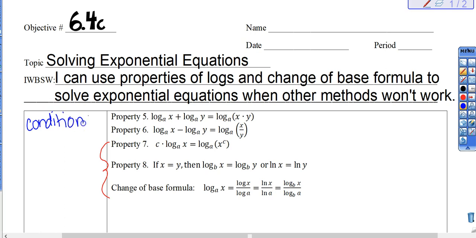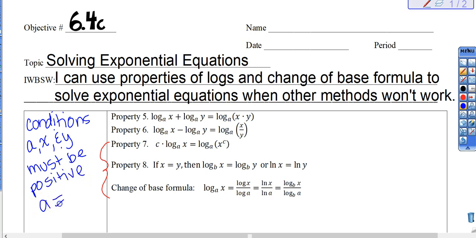The conditions for these properties to be true are as follows. A, X, and Y must be positive. And A cannot equal 1. Now, in days past, I've had log base B of M and N, so I was using different variables.